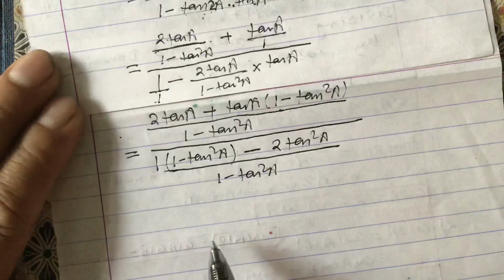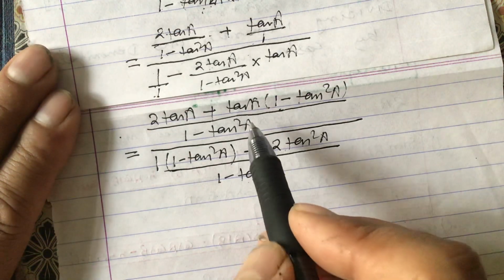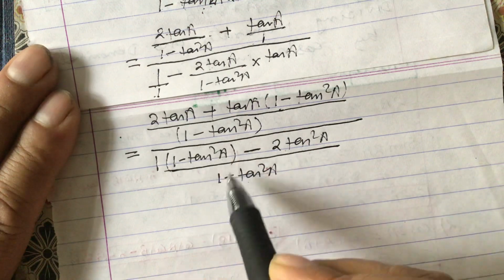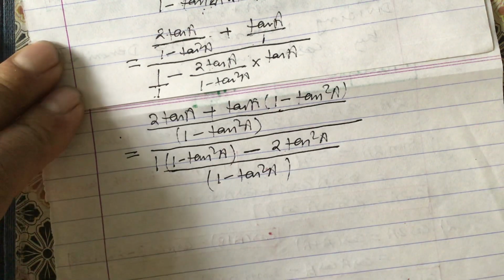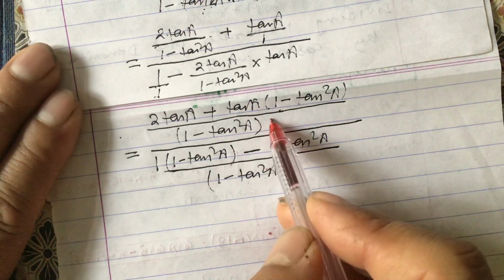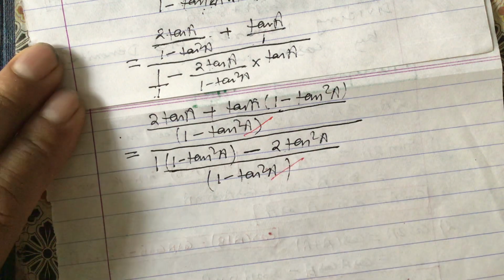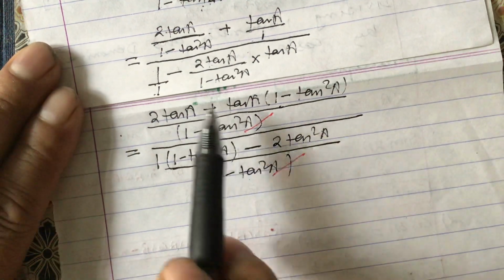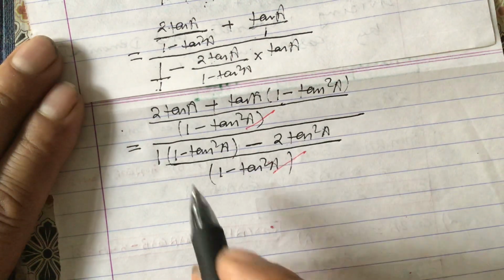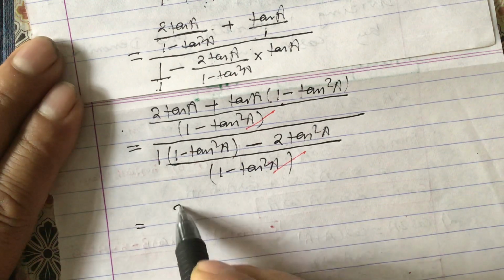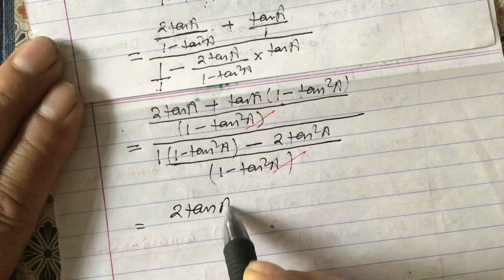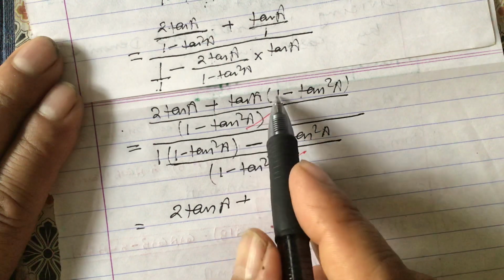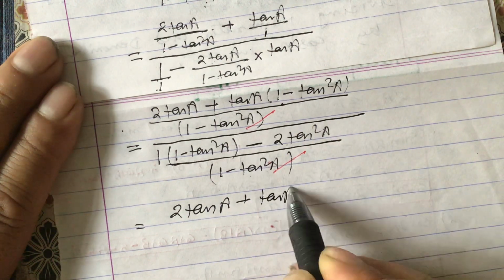Okay, now let us continue. This equals to this one, see, denominator 1 minus tan square A, 1 minus tan square A. These two we can reduce like this. Denominator cancel. No need to write down. Now let us open this bracket in the numerator here. So if you open, it will be 2 tan A will remain as it is, plus tan A times 1 is tan A again.